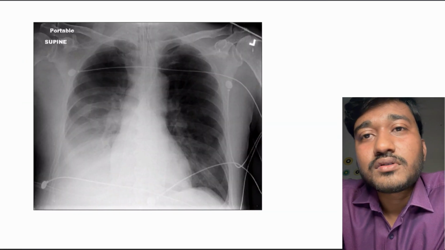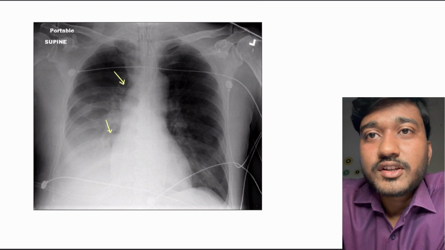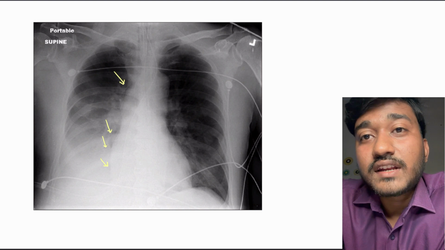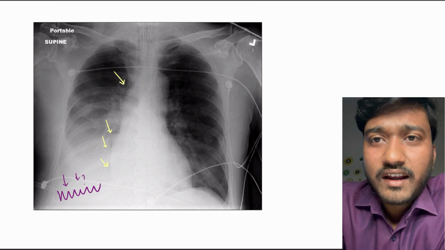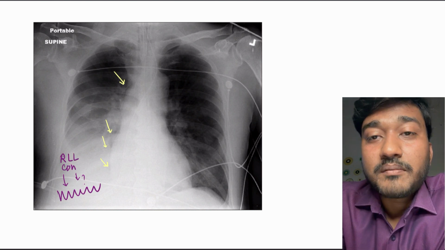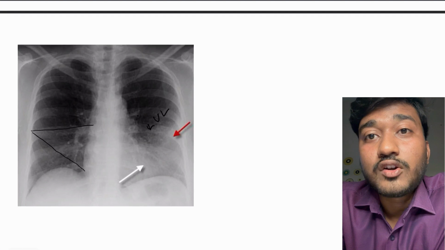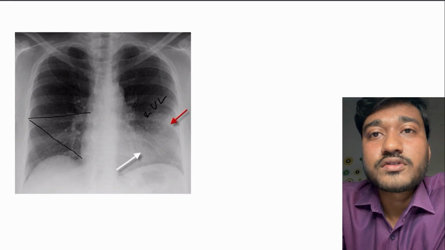And in this photo, please see, the upper portion you can easily differentiate, and the right border of the heart you can easily differentiate, because there is a black line going through, that is, air is going through, but what you cannot make out is the right dome of the diaphragm, therefore right lower lobe consolidation.